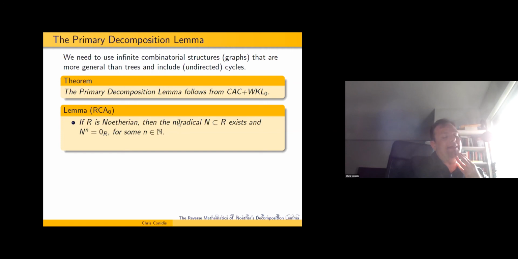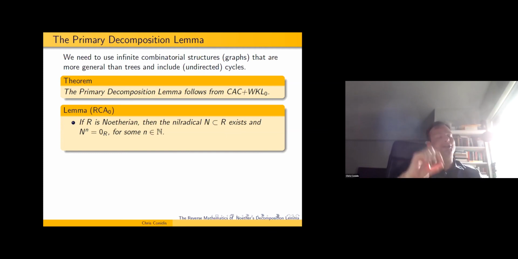Remember that the nil radical is just the set of all nilpotent elements in your ring, right? And you could have elements of your ring that are nilpotent with larger and larger exponents.